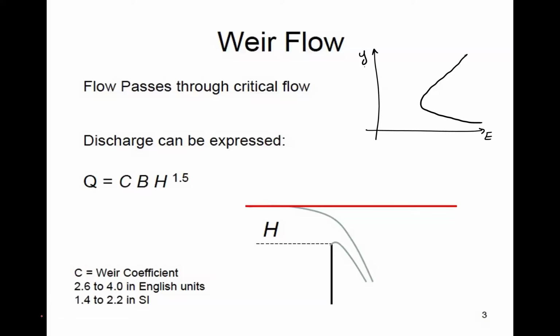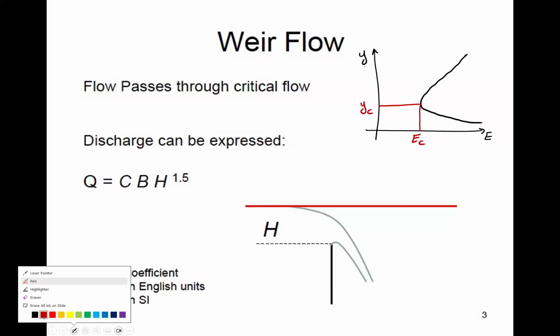A weir is really similar to a hump with a much smaller dimension, a very, very thin version of a hump. What happens is you have choking and you will have critical flow and minimum energy or minimum specific energy, which is the vertex of the E-Y graph, as you recall.